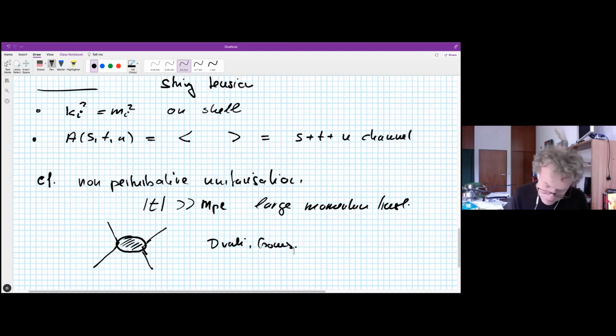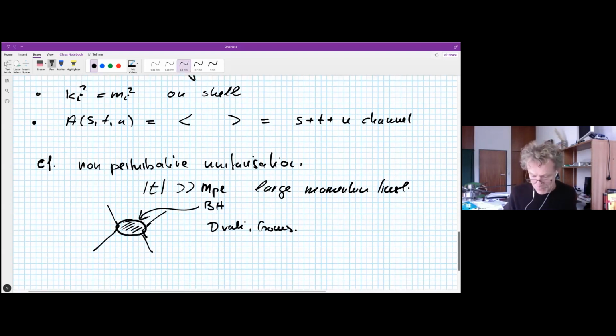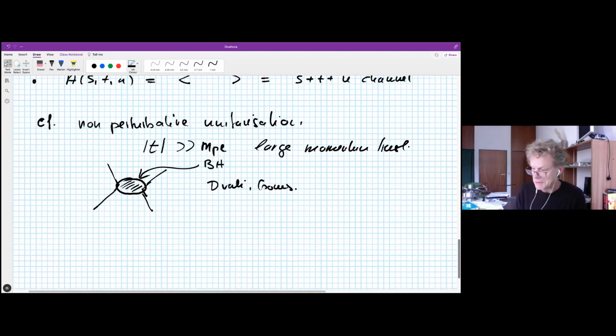And there you say you have maybe something that looks a little bit like a black hole intermediate state that then actually has the right property to unitarize this theory. So that's a non-perturbative proposal for a non-perturbative unitarization. That's one possibility. Another possibility, you might also say, well, even the whole question makes no sense.